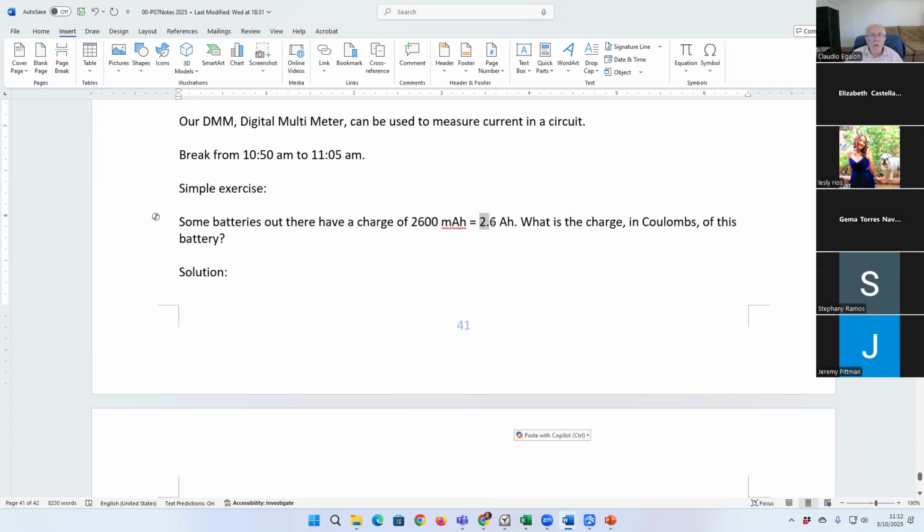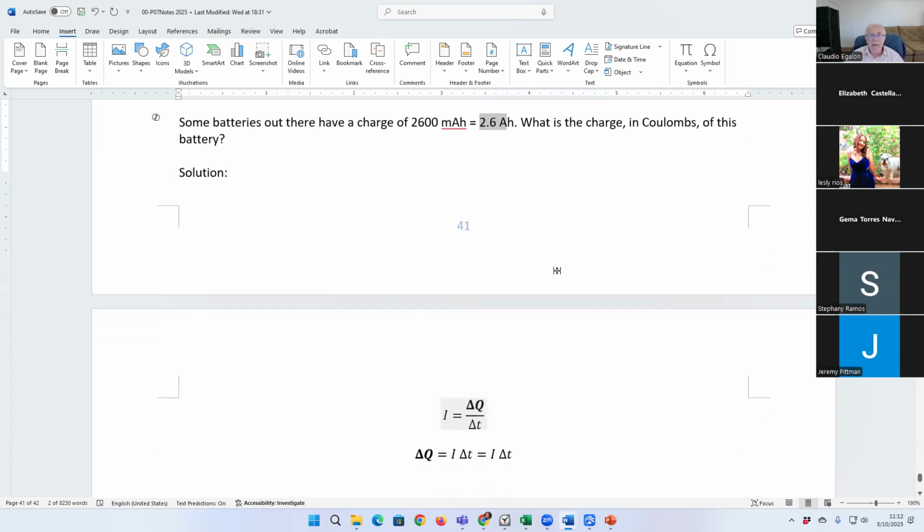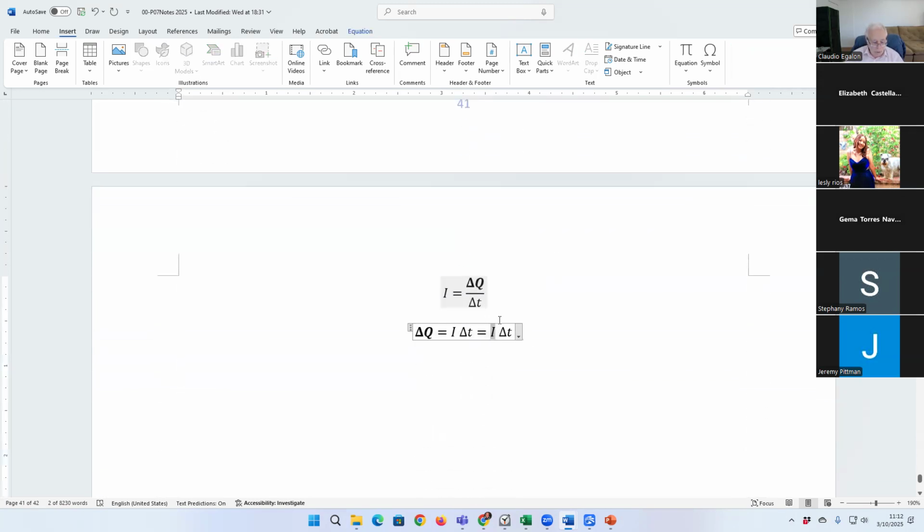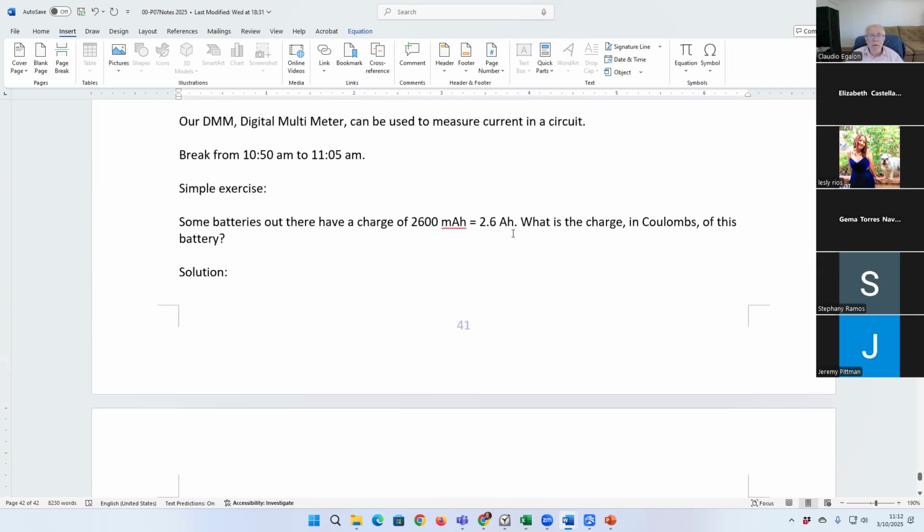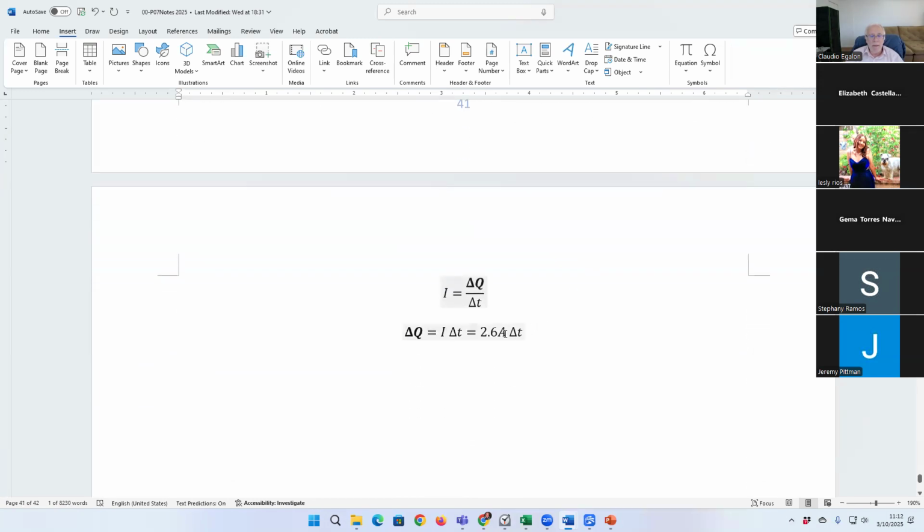Or let's say 2.6 amps. That's the amount of current that we have here. 2.6 amps, right? And the amount of time here would be the hour. Delta T would be 1 hour. Make sense?